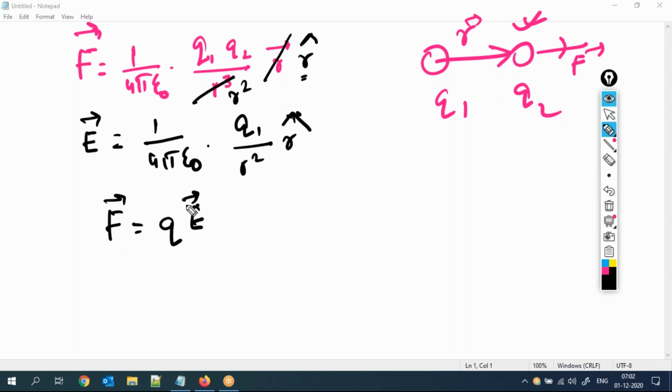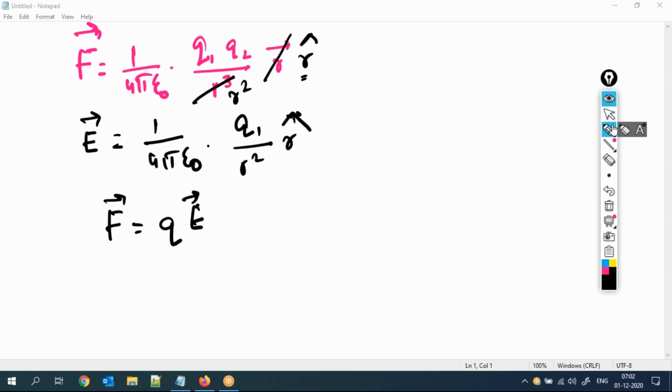If we take the same thing in force of gravity, you should not remember these things, you should remember like this.